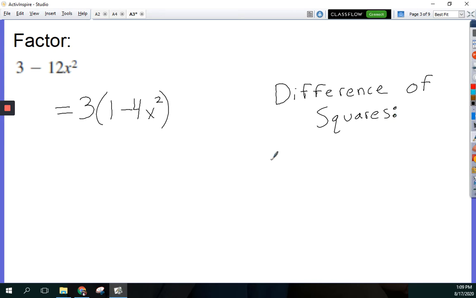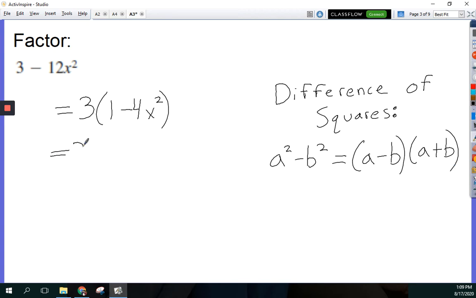So our formula, if I have a squared minus b squared, it's going to factor to a minus b times a plus b. In this case, if we're looking at our two terms, the 1 is pretty easy to tell that that would be 1 squared.